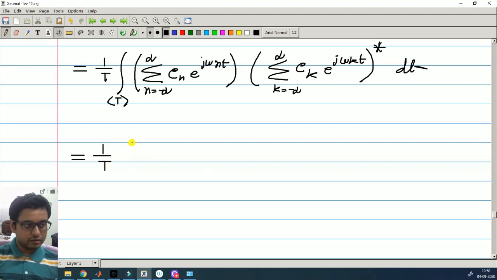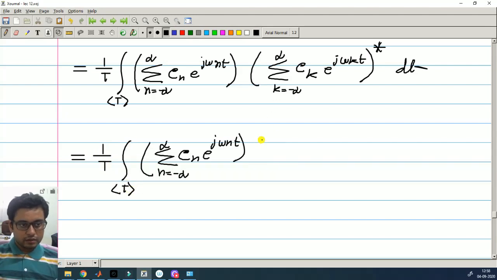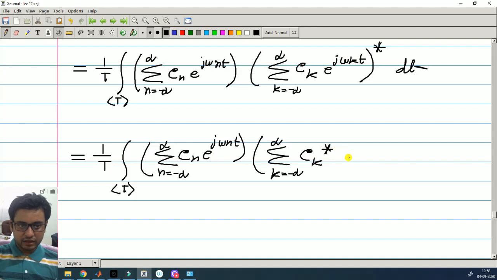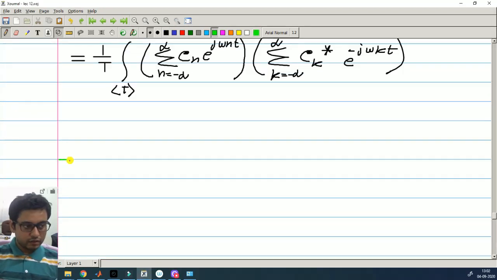Next, because of this conjugation, I will write it as summed over k equal to minus infinity to infinity, Ck star, and e to the power j omega k t will become e to the power minus j omega k t. Now we have 1 over T integration over a cycle.